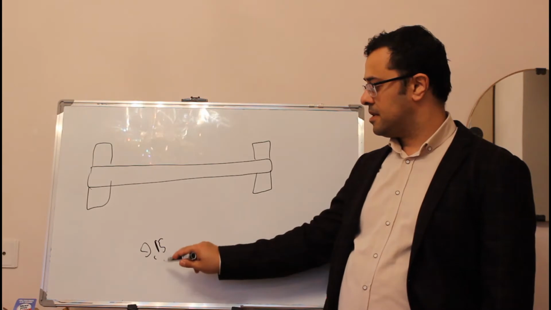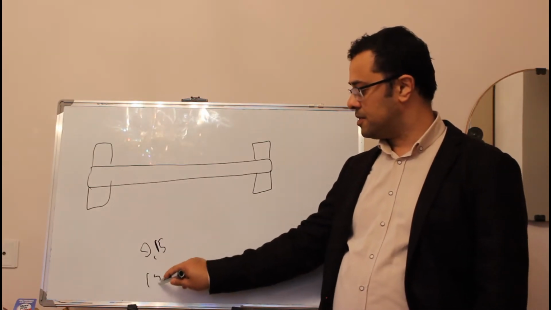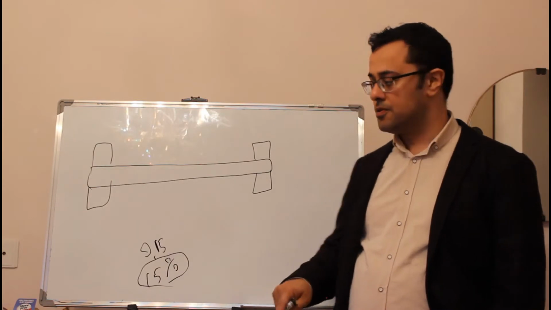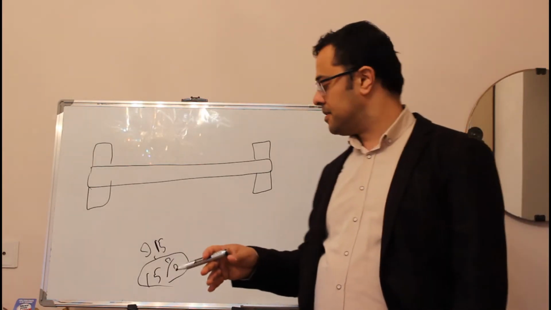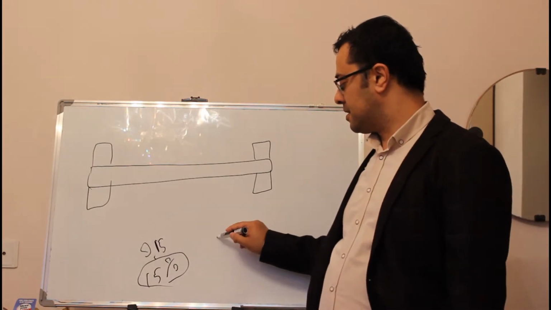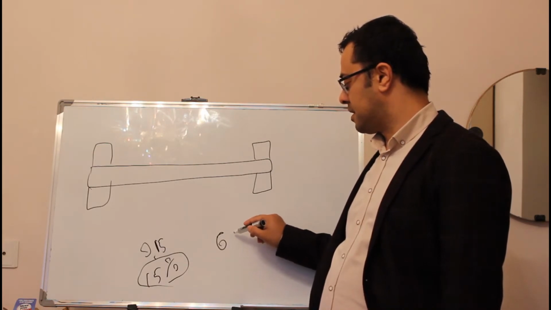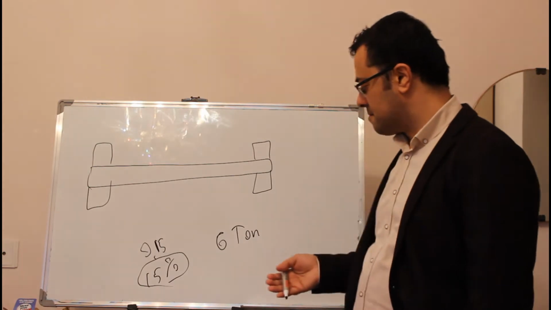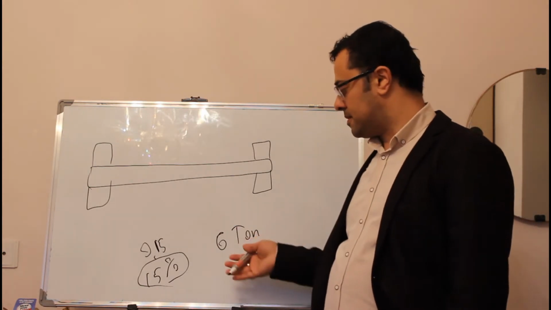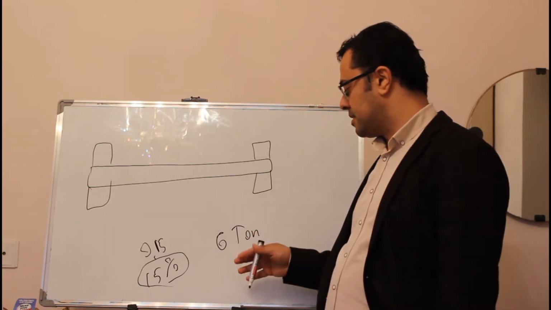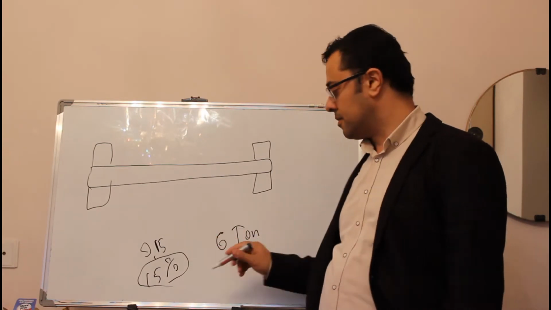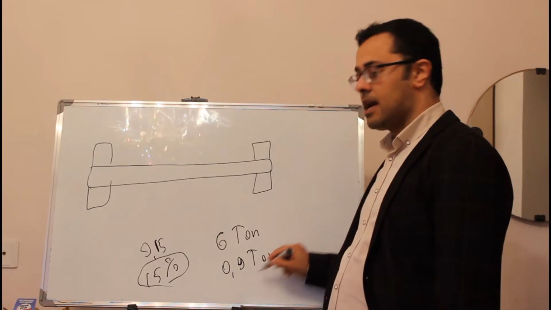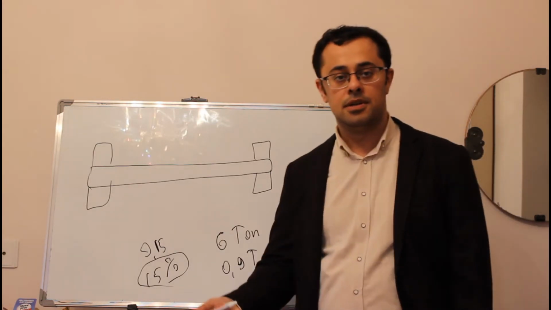a 0.15 ratio, or 15%, of axial force. So if the radial force is, say, 6 tons, it's 15%, let's say 6 by 50, so 0.9 tons can be applied in axial.